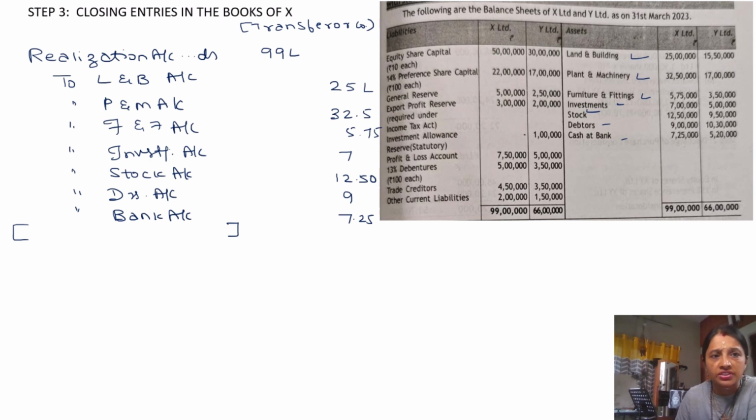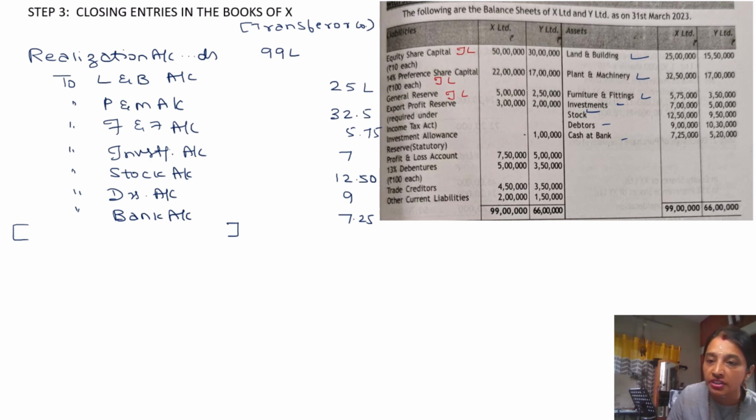So this is the first entry. The second entry is transferring all the liabilities, whichever you are transferring to the new company. So this is internal liability, you will not transfer. This is internal liability, you will not transfer. This is internal liability, you will not transfer, because it is amalgamation in the nature of purchase we are doing. Now, export profit reserve is required according to the Income Tax Act. It is a statutory reserve.